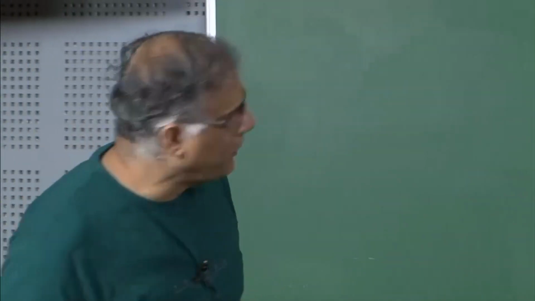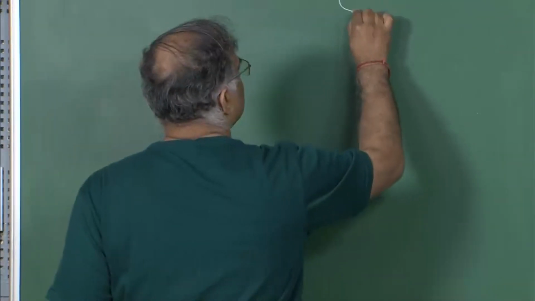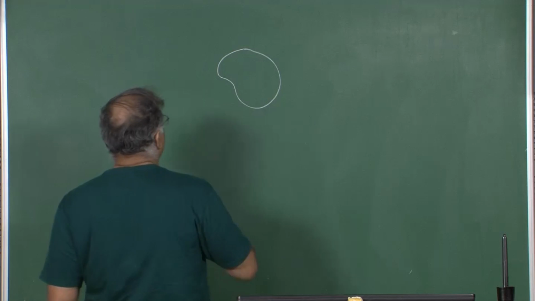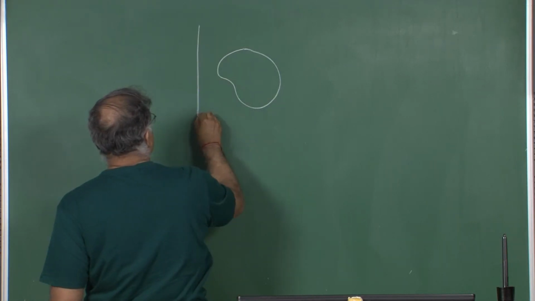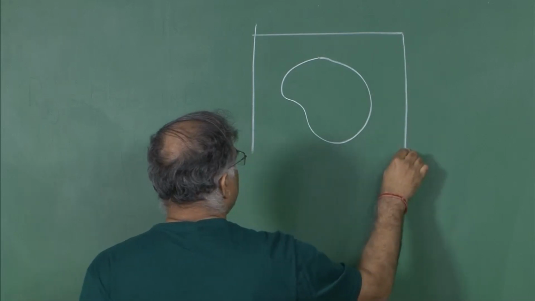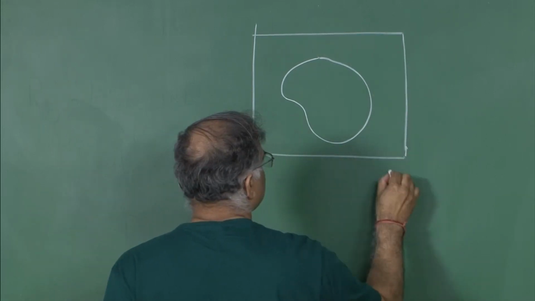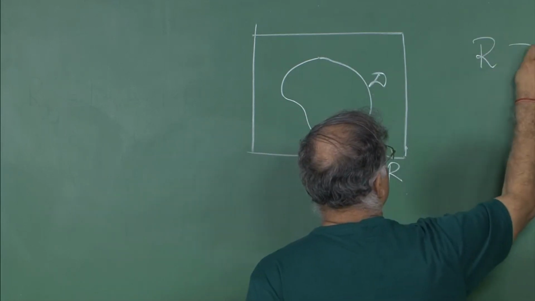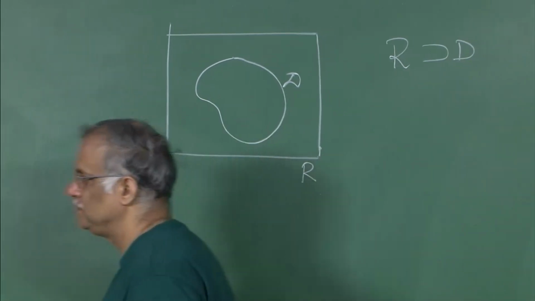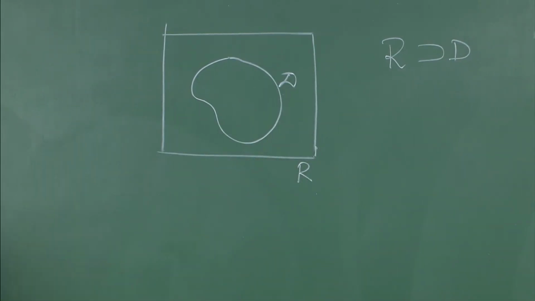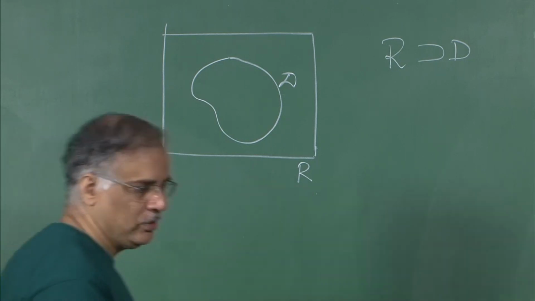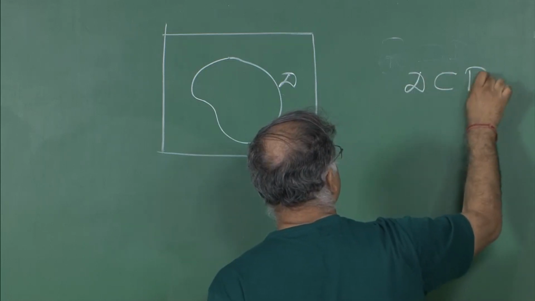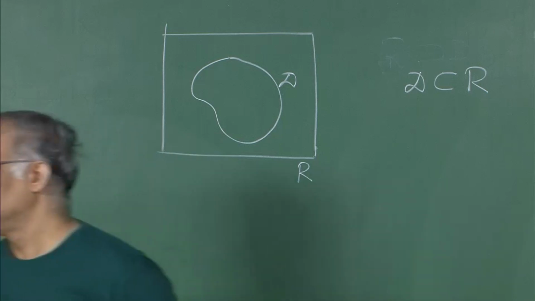If I am having a domain here in R2 which is non-rectangular, and if I have defined the function like that, then take a rectangular domain which contains D, and this is D. Here R is a superset of D, R contains D. That is a bad way of writing, of course. I should rather write as D is contained in R.